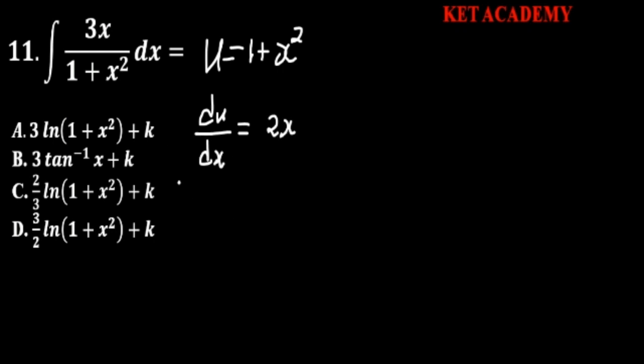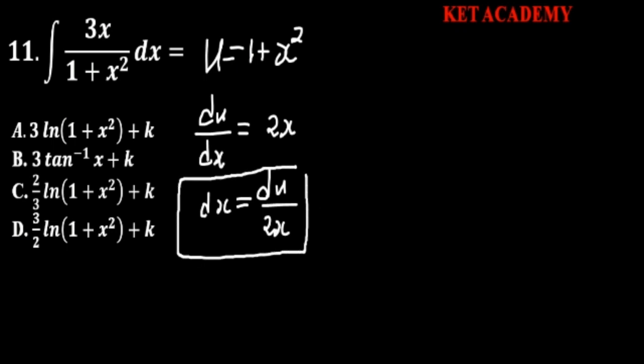Now we want to make our dx subject. So if we make our dx subject, we are going to get dx will be equals to du divided by 2x. It will be du divided by 2x. So we're going to keep this somewhere very special.